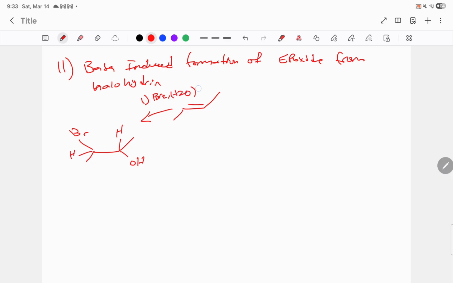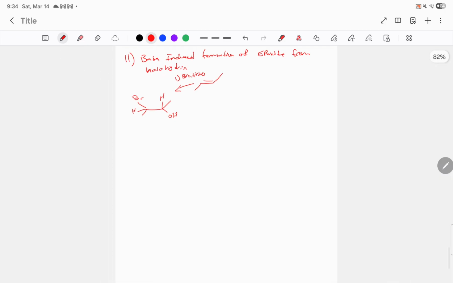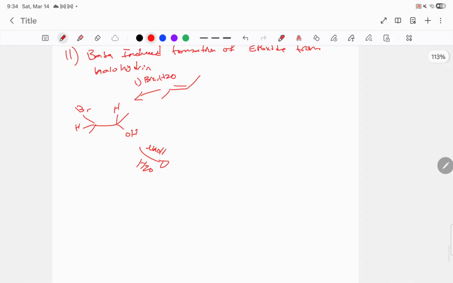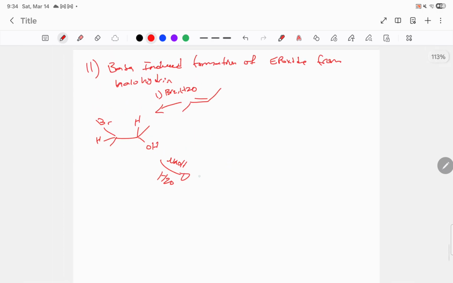Okay, amazing. Next is we take this and by putting it in sodium hydroxide and water, because remember, this is a base-induced formation of an epoxide, we generate our very own epoxide.